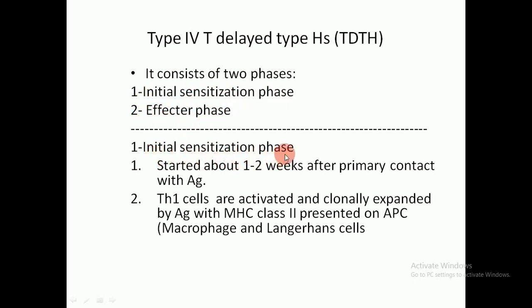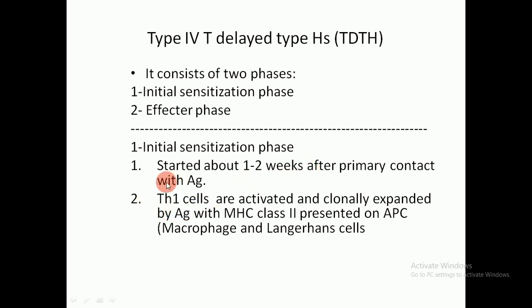In the initial sensitization phase, the antigen enters the body for the first exposure. The immunological response will start 1 to 2 weeks after the primary contact with the antigen. In type 1, the immune response appears within minutes, while here, after 1 to 2 weeks, the immune response will start to act.